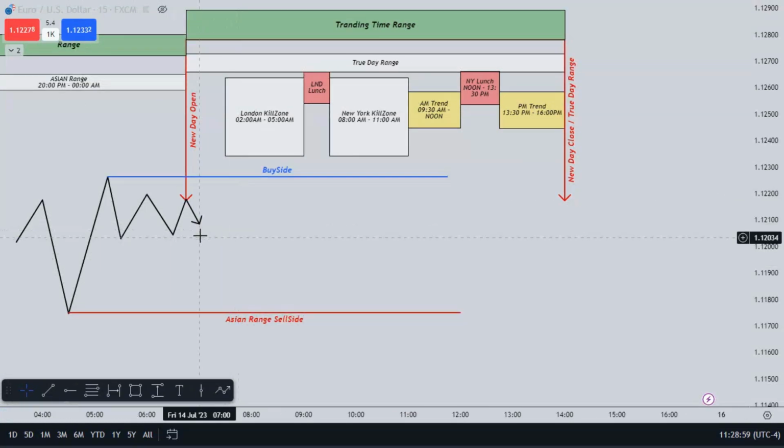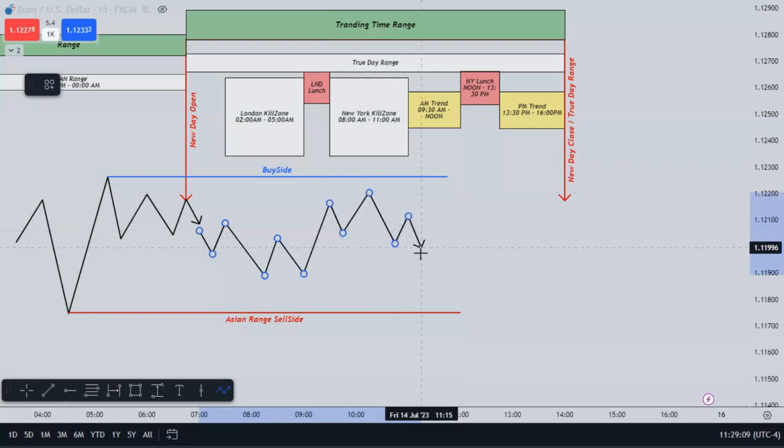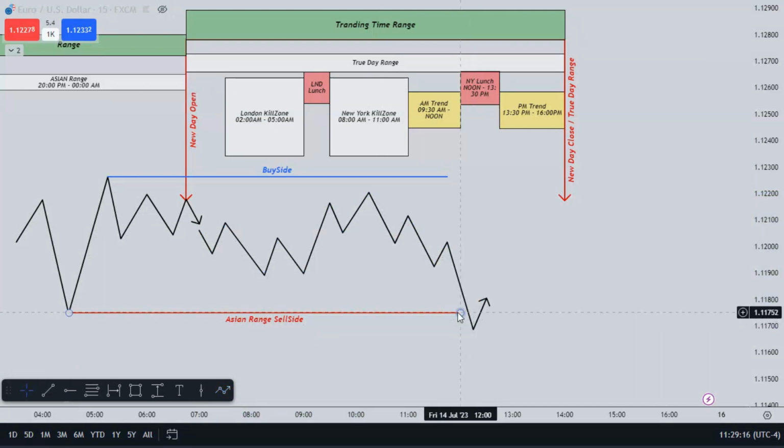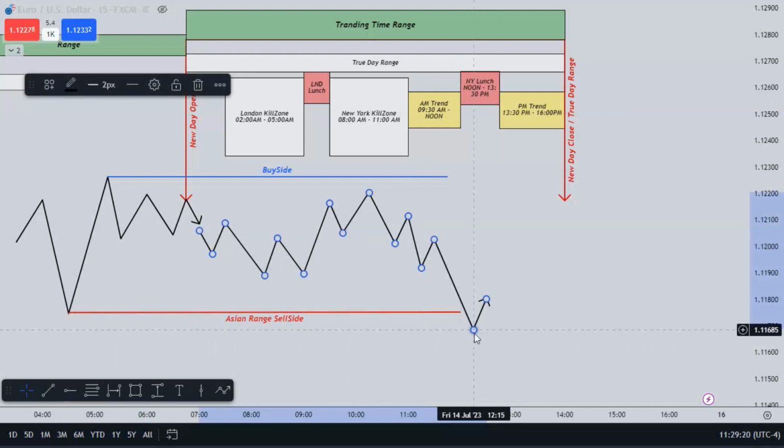Let me just clean this up a bit, gotta make things look pretty. But yeah, let's do that like this. Okay. Let me do it like this. Must be within, okay.